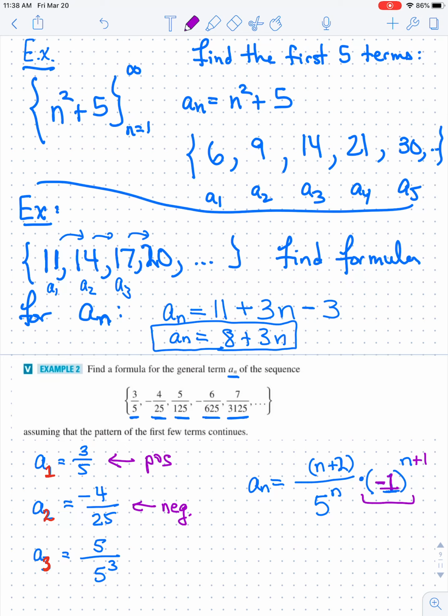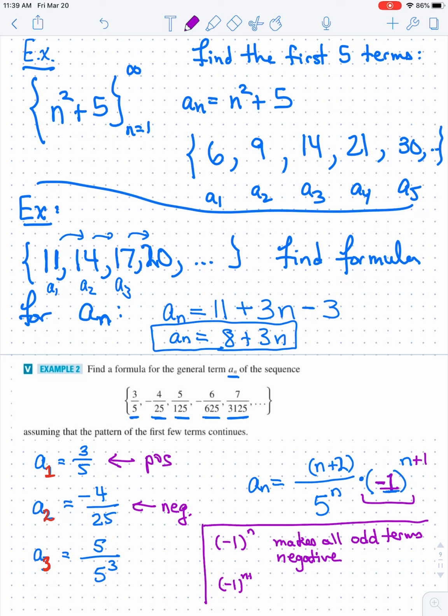Okay? And so this is just a trick. You'll get used to it as you're working in this course. But if we multiply by negative 1 to the n, it makes all odd terms negative, and negative 1 to the n plus 1 will make the even terms negative.